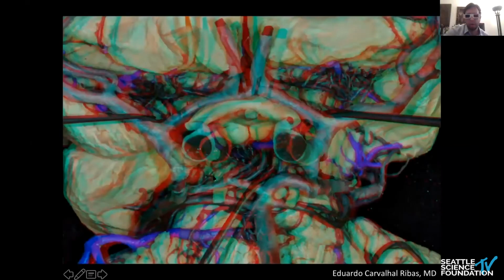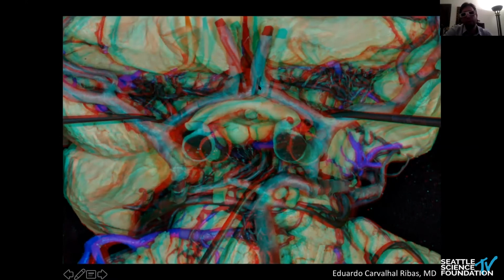It's a little bit more complicated and has a lot of information in this image. At my mouse here, you can see the ICA. If we follow the ICA, here's the ICA bifurcation. Laterally, we have the MCA, middle cerebral artery. Medially, we have the ACA, anterior cerebral artery. If we follow the anterior cerebral artery, you can see the anterior communicating artery communicating with the other side, the right side ACA.